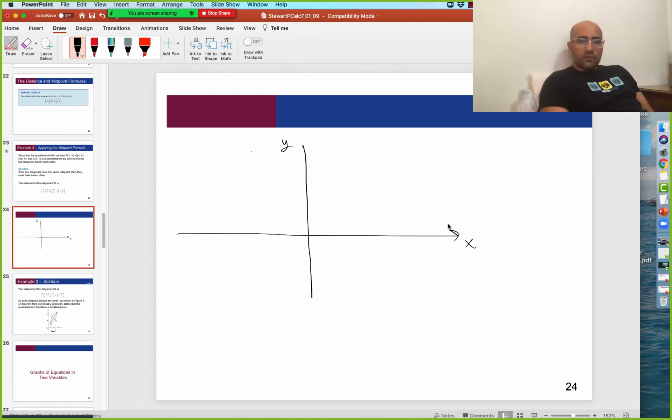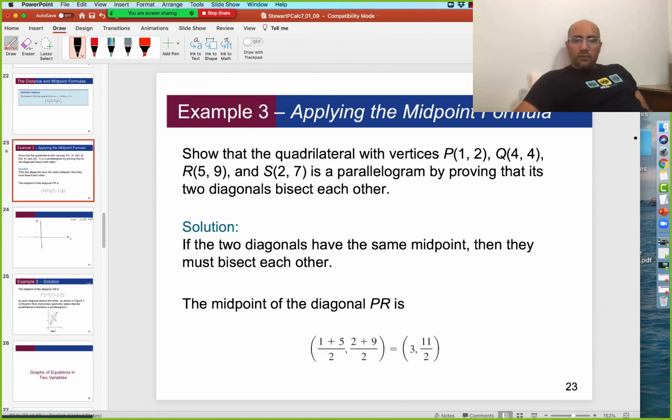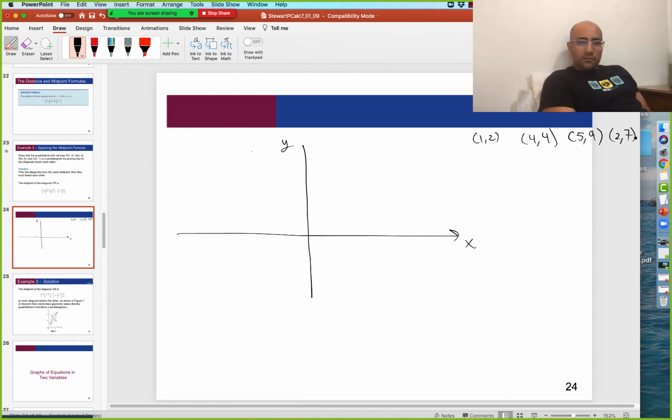The points are (1, 2), (4, 4), (5, 9), and (2, 7). 1, 2 is going to be somewhere over here. 4, 4 is somewhere over here. 5, 9 is up here.